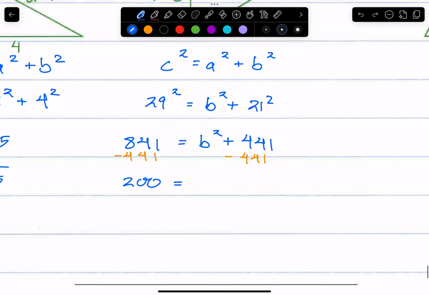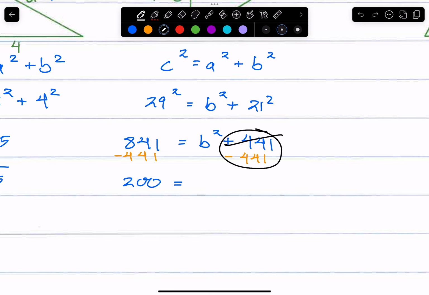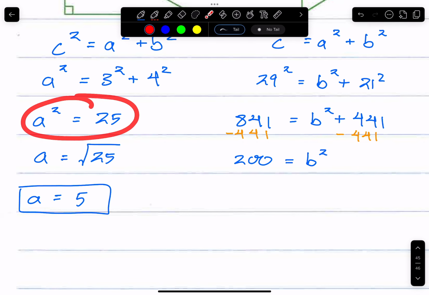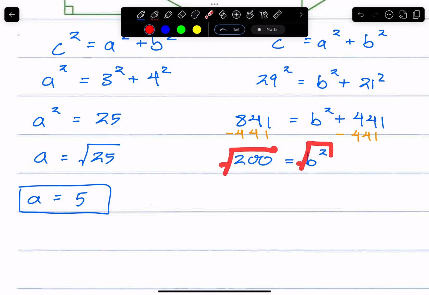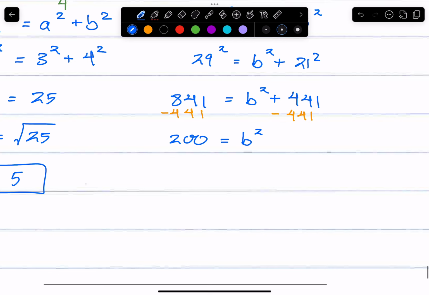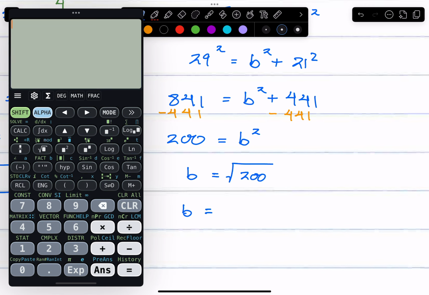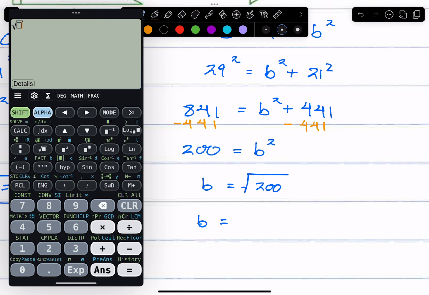And since these two cancel out, all we are left with is b squared on the right-hand side. Then from here, I hope you can see, it's at this same step. We're now going to take the square root of both sides. I'm going to write this now as b equals square root of 200. And we can type that into our calculator.